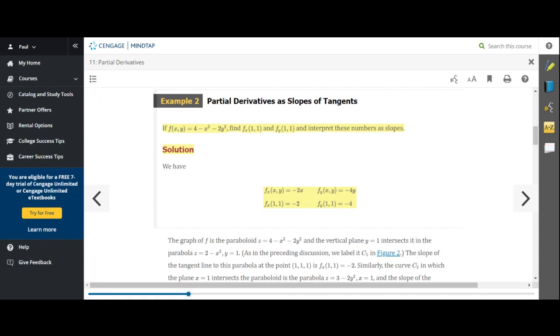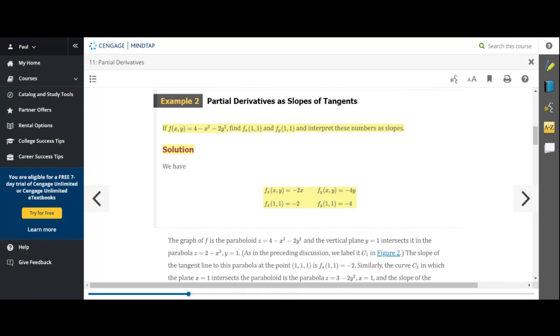Well, in example 2, this function 4 minus x squared minus 2y squared, what is that surface? Is it a cone? Is it a paraboloid? Is it a sphere? Yeah, it is a paraboloid.